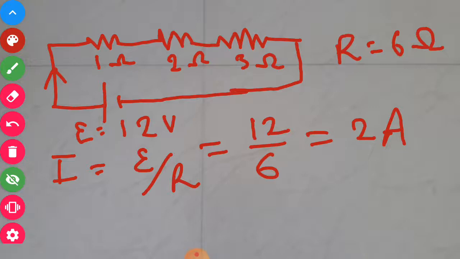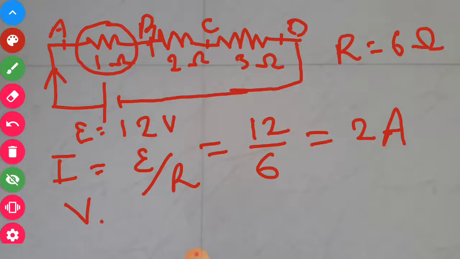Now voltage across this first resistor. See these points, I give the name A, this is B, this is C, and this point is D. So voltage across AB, VAB is equal to, voltage is current multiplied by resistance.